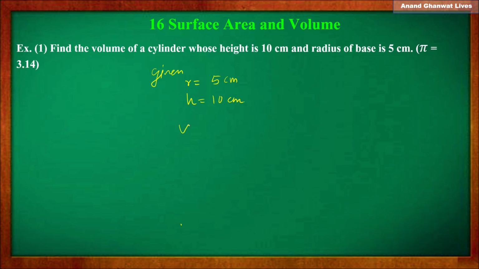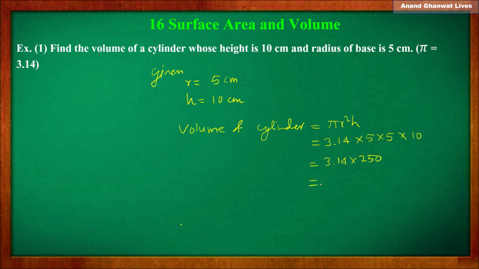So volume of cylinder is equal to pi r square h. The value of pi is 3.14 into r, that is 5 into 5, and into h, that is 10. So 5 into 5, 25, into 10, that is 250. 3.14 into 250.